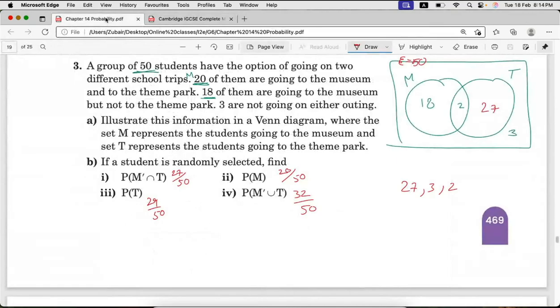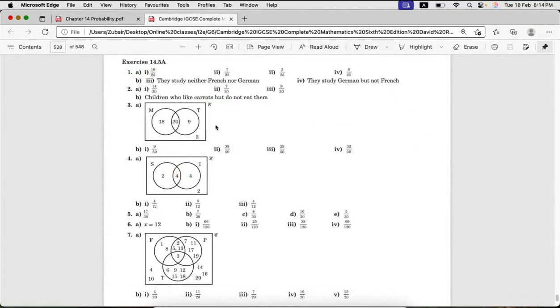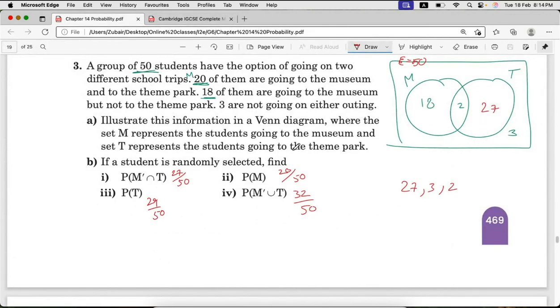Why am I having 27 and he's having 9? 20 in both. 20 of them are going to museum and to theme park. That was clearly given. And 18 only museum. This should stay 27. M only is 38. And T is 47.